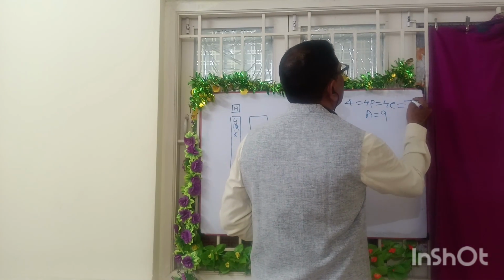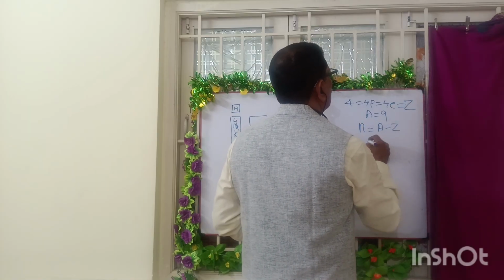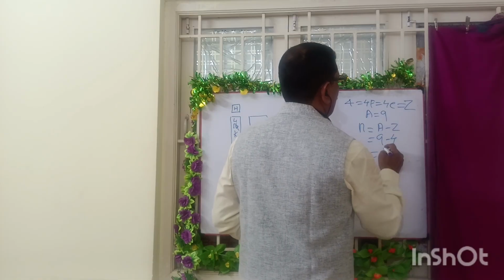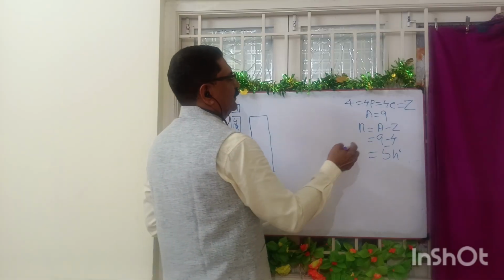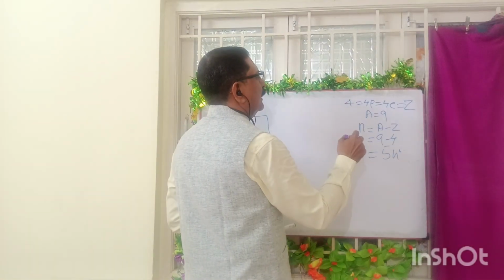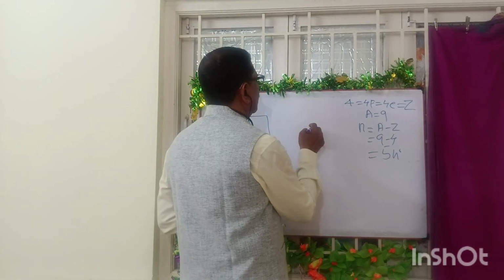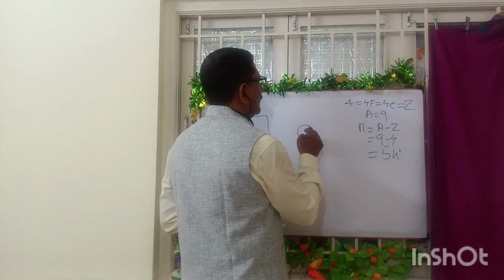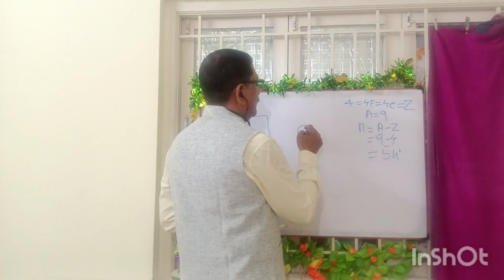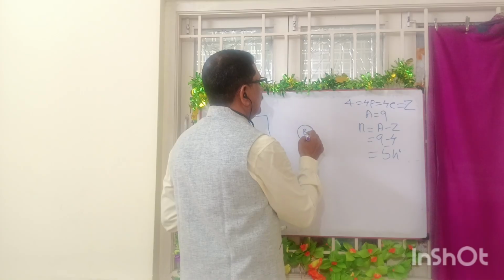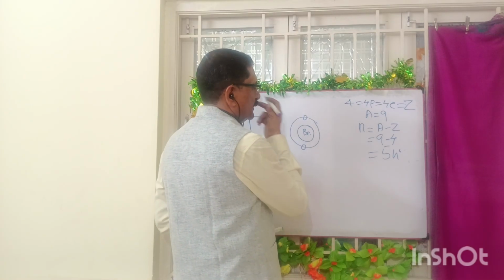Therefore, number of neutrons is equal to A minus Z, which is 9 minus 4, which is equal to 5 neutrons. So, inside there will be 5 neutrons and 4 protons, then one inner orbit, and after that the outer orbit. We are representing the nucleus and inner orbits by just writing Be here. We are only drawing the outermost.